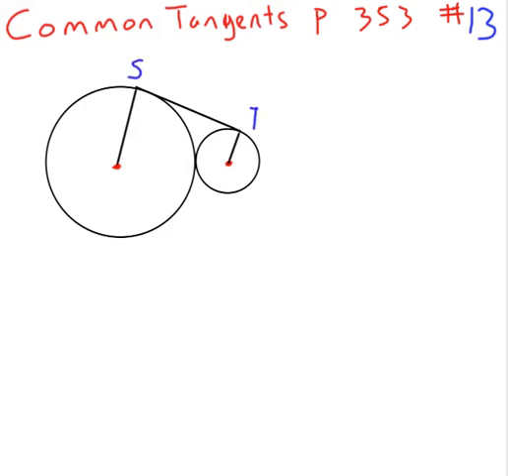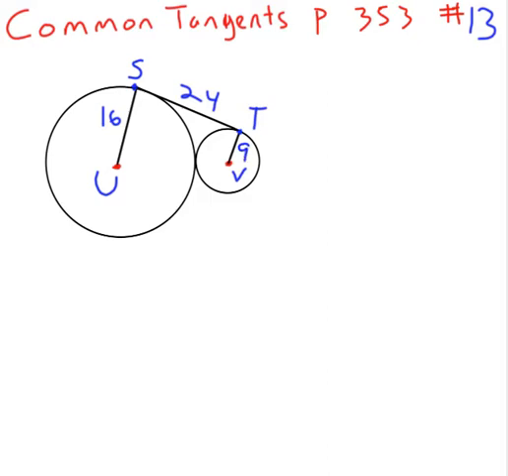All right, we change up the numbers on us here. Let's label our points again. S, T, we have V here, and U down at the base. We are given that ST is 24. We're given that this radius is 16, and we're given that this radius is 9.